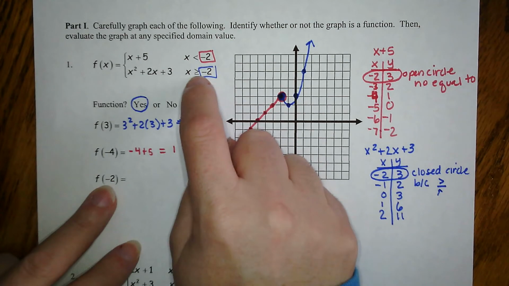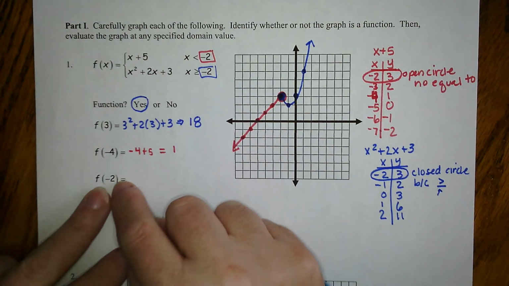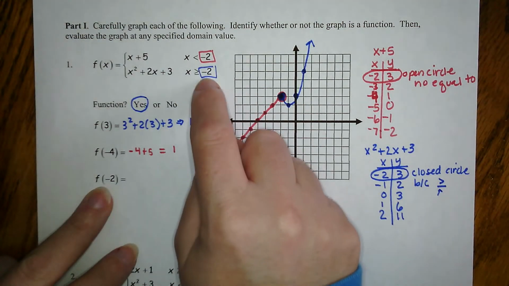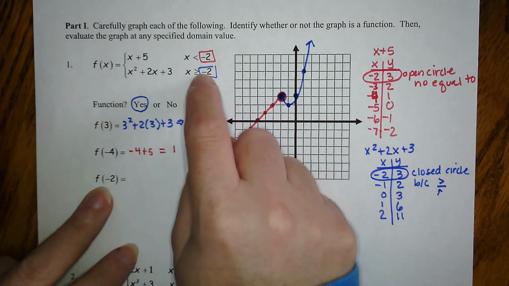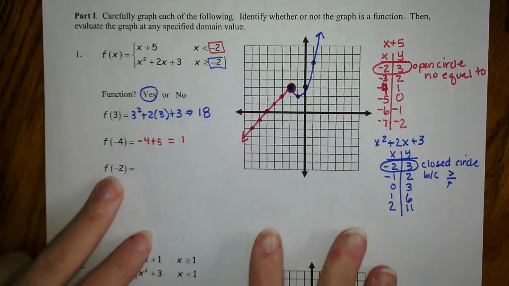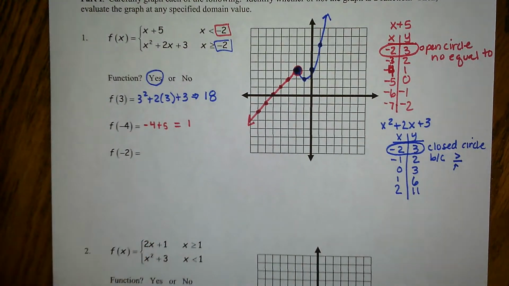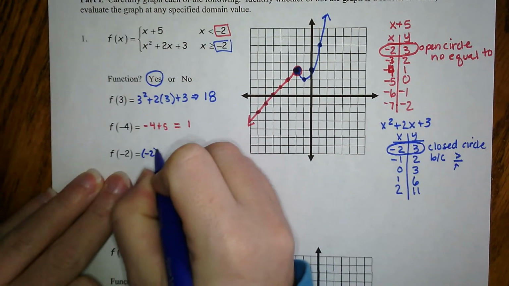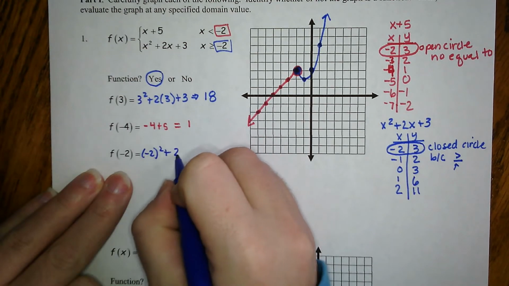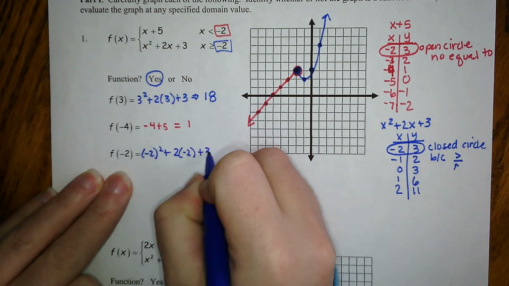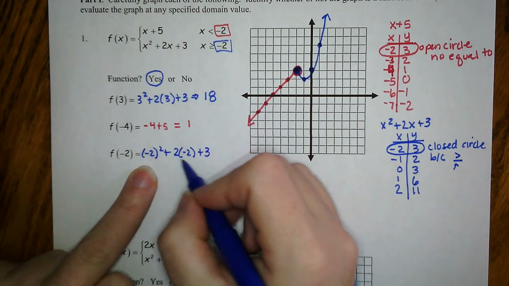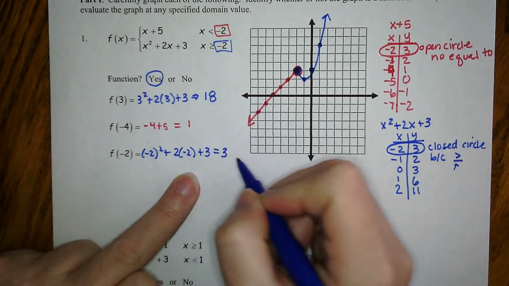So we would use the bottom function only. So keep in mind that when you have a value that's on a domain boundary, you have to make sure that you use the one that's equal to. In this case, it would be the x squared plus 2x plus 3. We already said this was 4 minus 4 plus 3, which is 3.